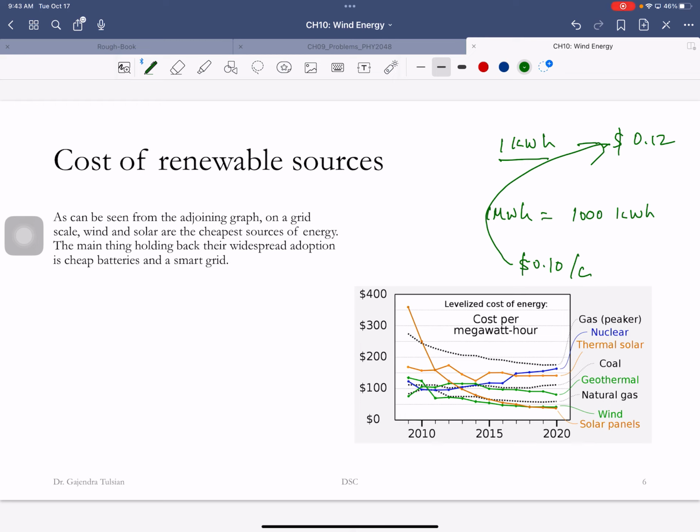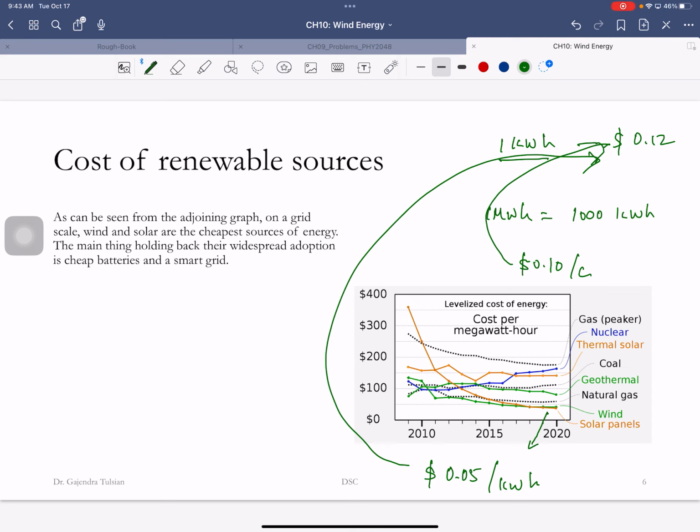Now, we give them subsidies and all that. Anyway, this is a rough estimate. With wind and solar, it would cost them about $50. You guys following this? If FPL produces electricity using wind and solar, it would cost them 5 cents, and they can sell it to you for 12 cents.